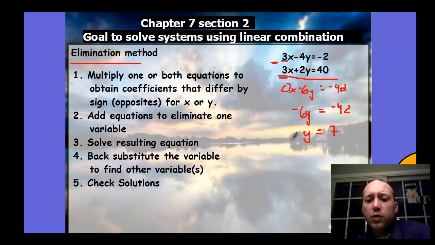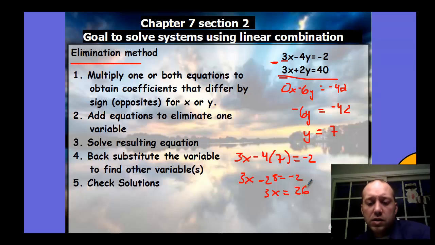Once you solve that equation for the variable, we can back substitute that into one of these two equations to find our other variable. I'll just choose the top one here, so 3x minus 4 times 7 equals negative 2. So this is 3x minus 28 equals negative 2. Add 28, so 3x equals 26.